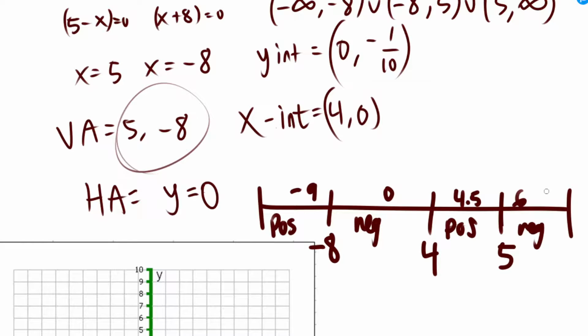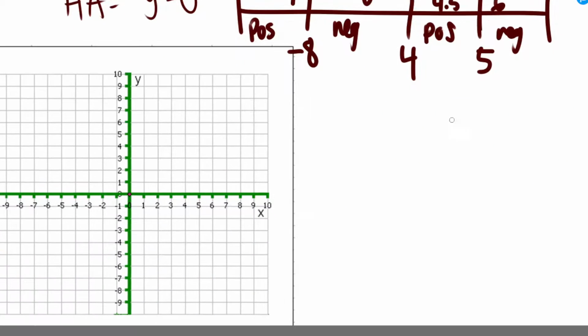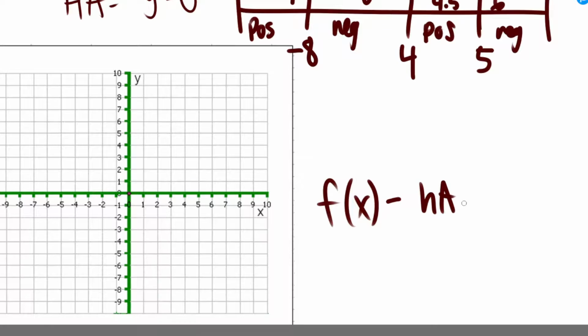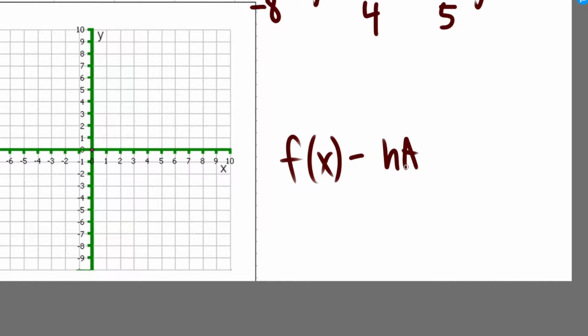However, if you have a horizontal asymptote that is different than 0, what you'll need to do is f of x minus your horizontal asymptote. So if it's a -2, you'll do +2, or if it's just a +2, you'll do -2.